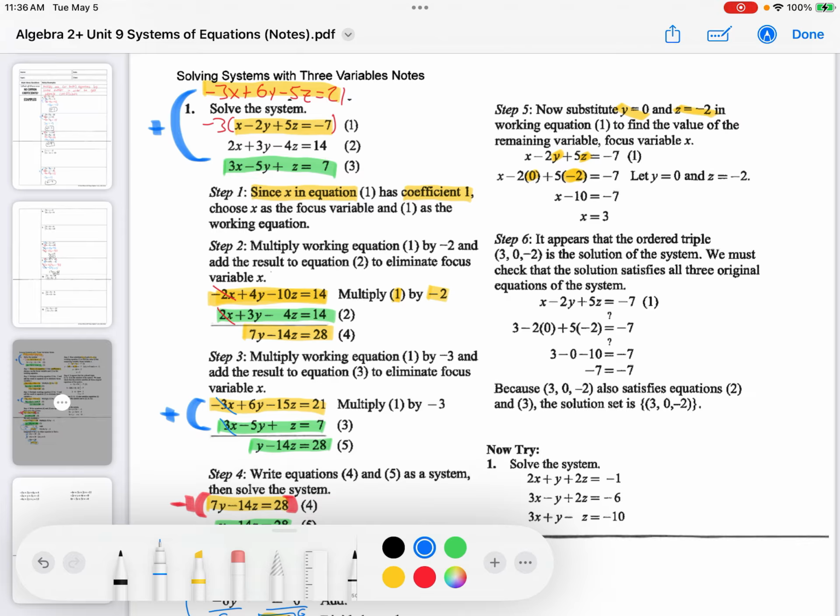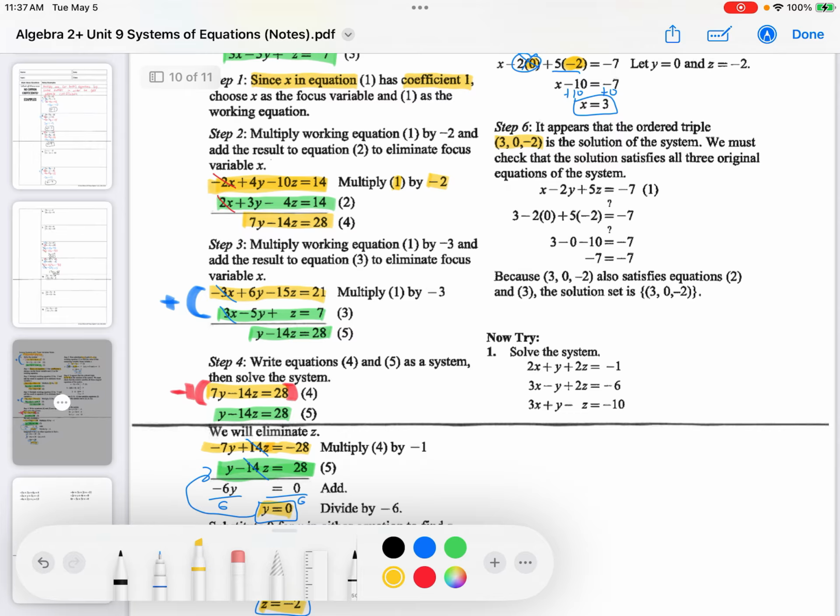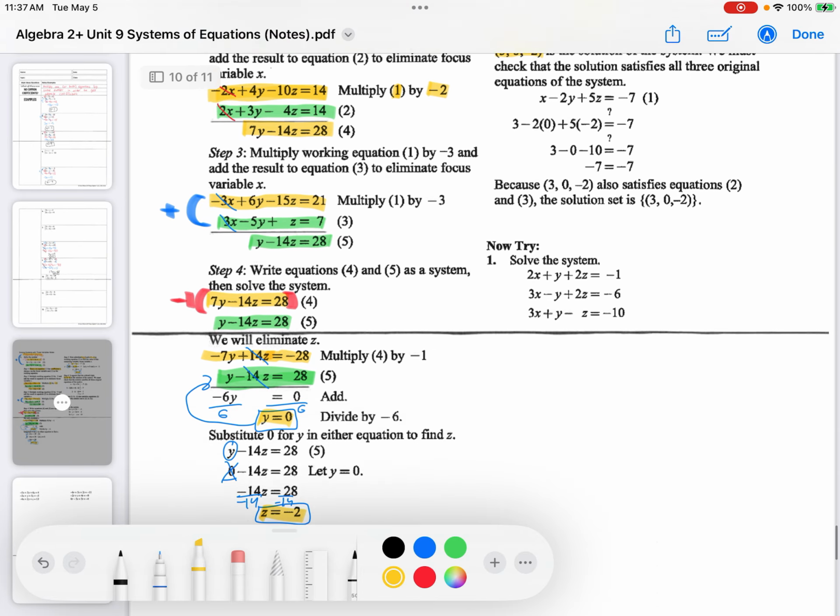So 2 times 0 is 0. 5 times negative 2 is negative 10. So that gives you x minus 10 equals negative 7. Add 10 to both sides, and that gives you x equals 3. The rest of this formatting is a little bit different than what we're going to do. But the system will meet at the point (3, 0, -2), because x is 3, y is 0, and z is negative 2.